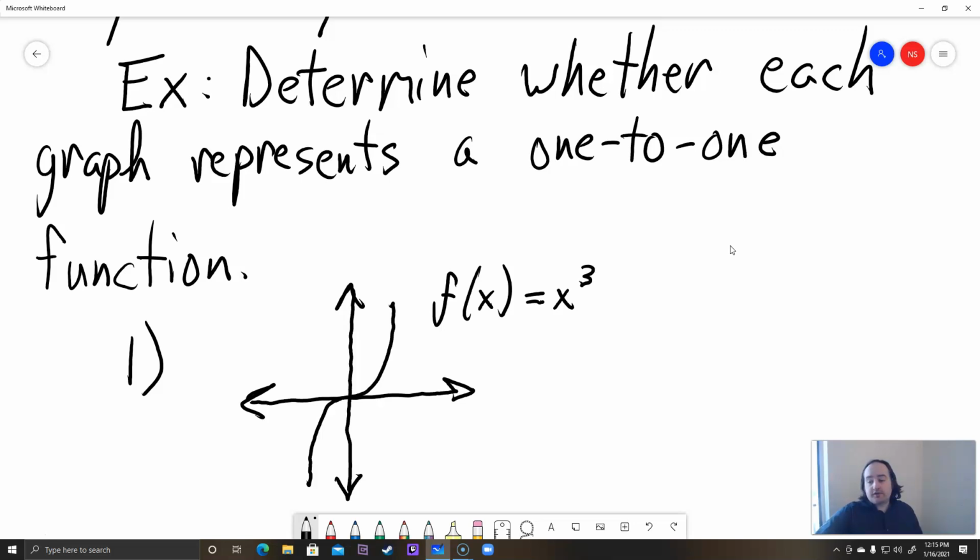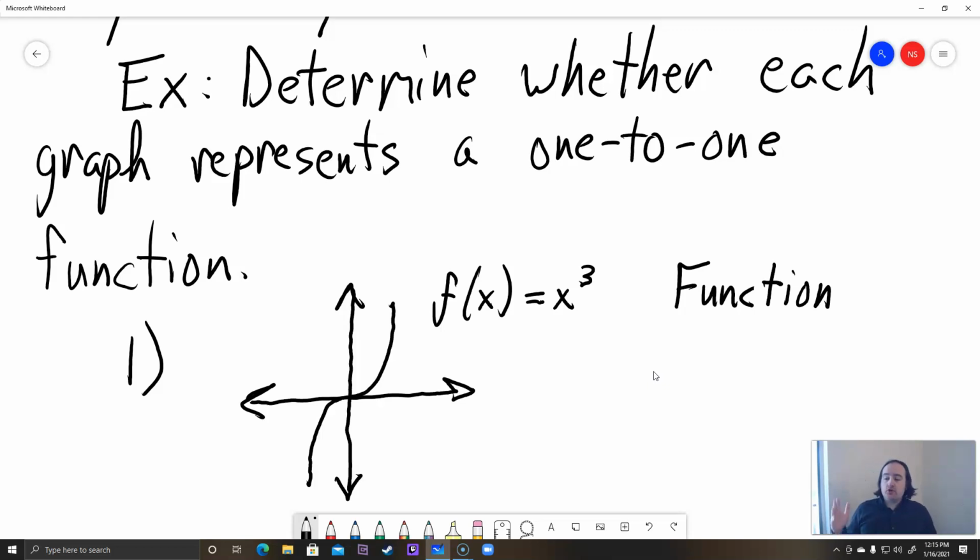For this graph, we can see that it is a function because it passes the vertical line test. If you don't remember the vertical line test, basically every single vertical line has to intersect the graph at less than 2 points.